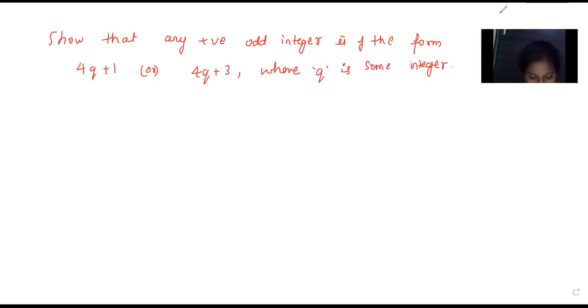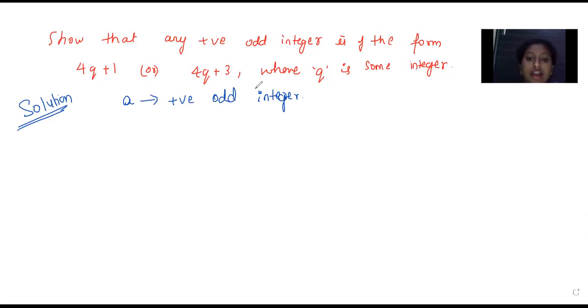First of all, we will assume a positive odd integer. Let us consider a, and that a is a positive odd integer. We'll consider b as 4, because here in the question they are giving b.